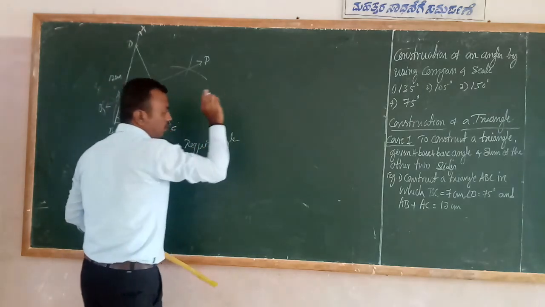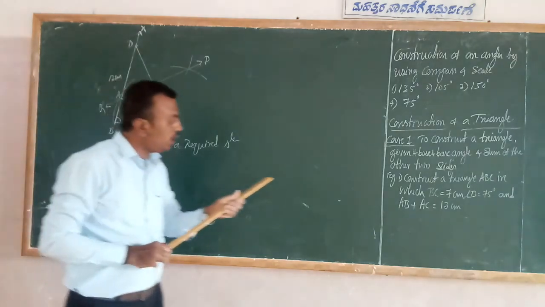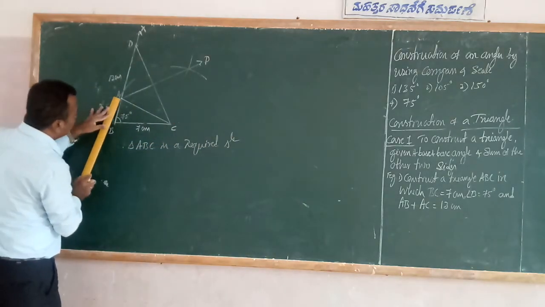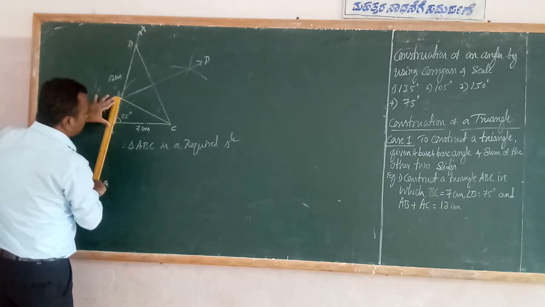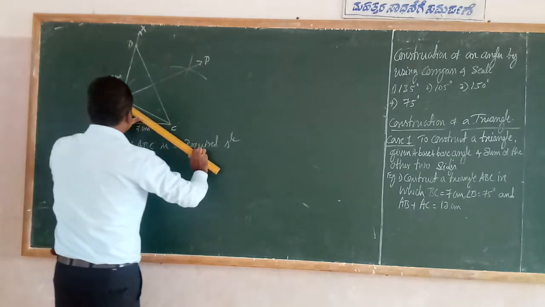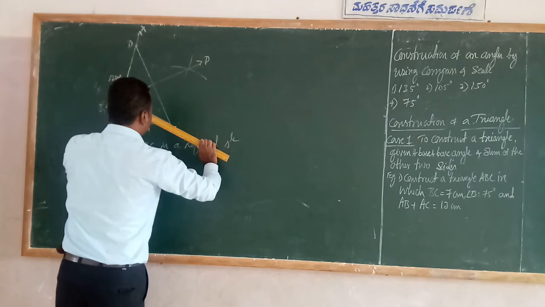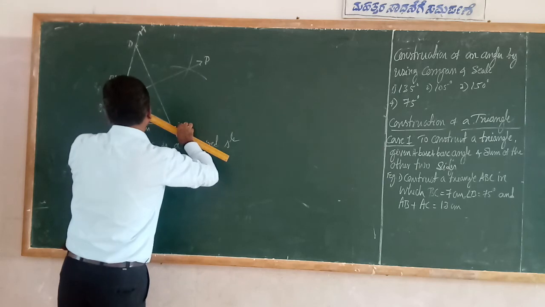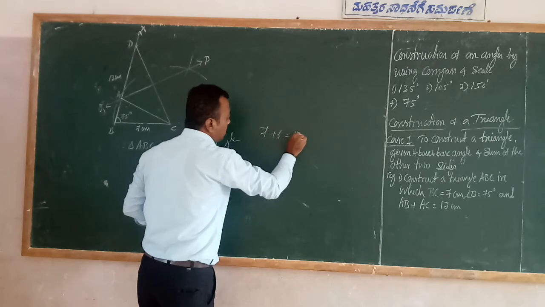Okay, see, if you are adding AB and AC, it becomes 13 centimeter. So can you measure it in your scale? You have to measure it. Here I am taking 12 centimeter, 12 means 4 centimeter, and this is 7 plus 6, 13 centimeter.